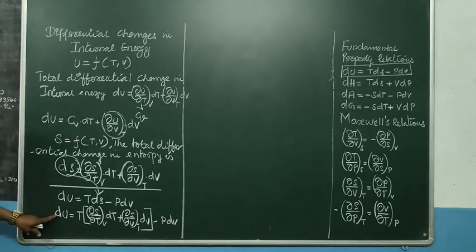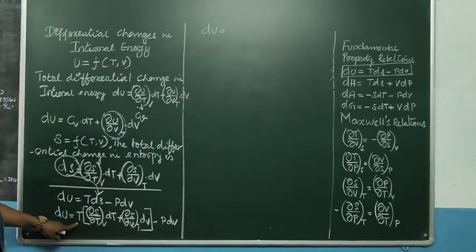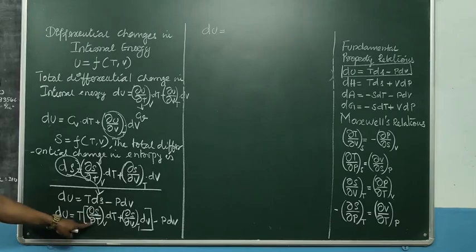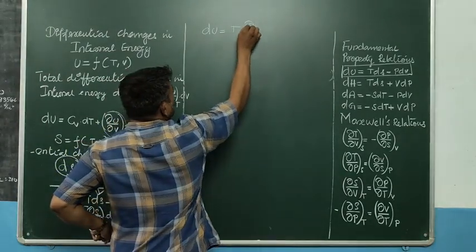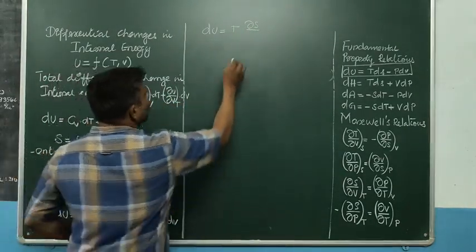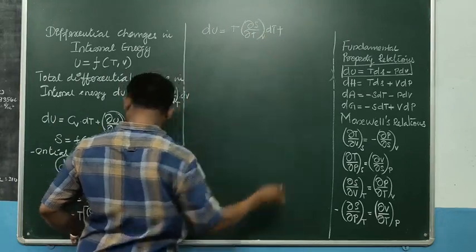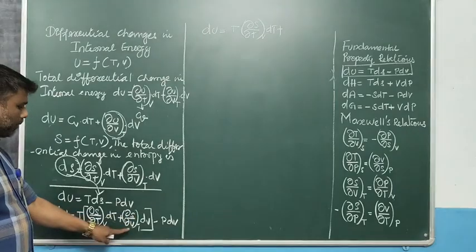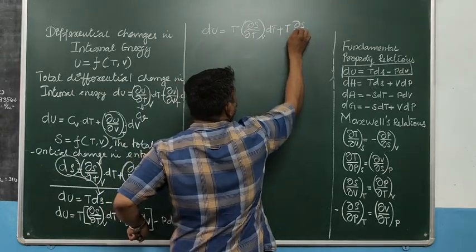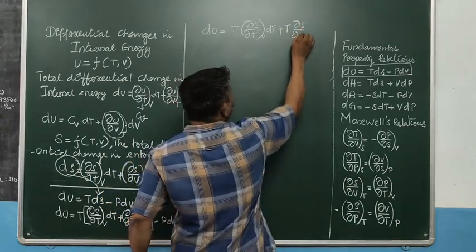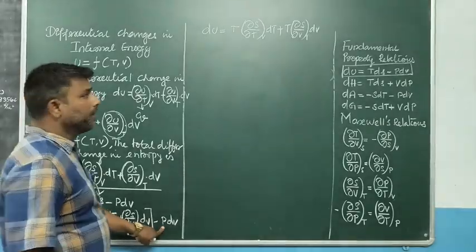Here, again this equation becomes dU is equal to T times (∂S/∂T) at constant volume into dT plus T times (∂S/∂V) at constant temperature into dV minus P dV.